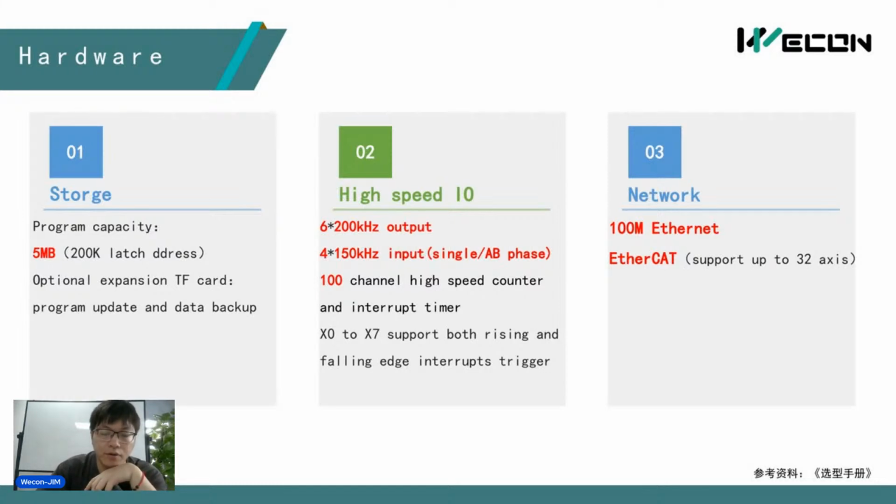Local high-speed I/O. This PLC supports 6-channel high-speed inputs or outputs, and each output channel can support 200 kilohertz. Inputs are about 150 kilohertz. For input, we can support 4-channel single-phase input or 4-channel AB phase input.